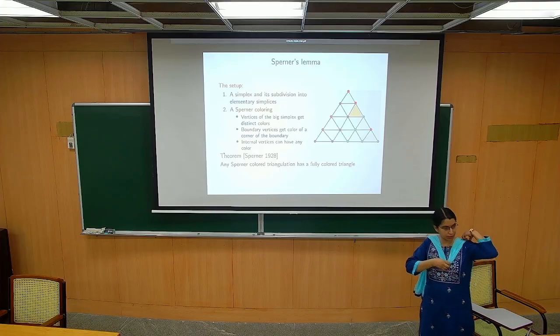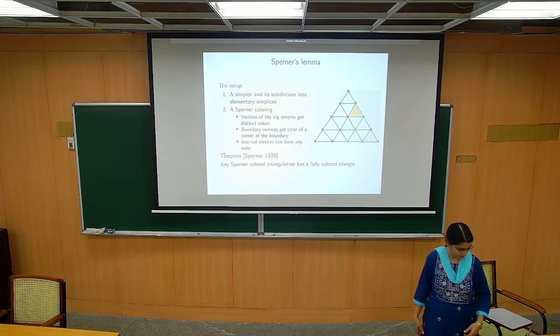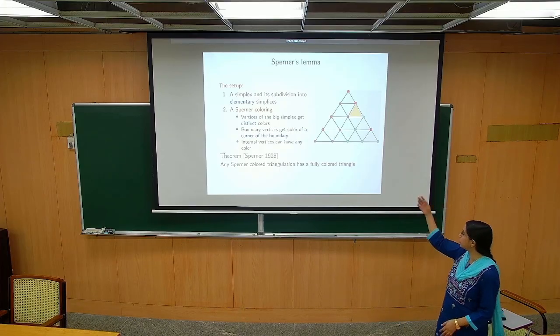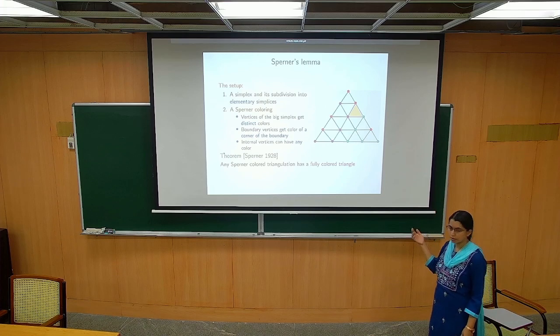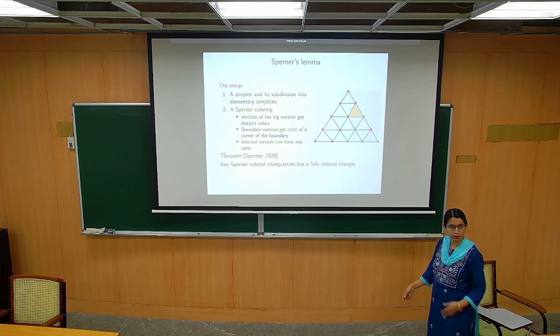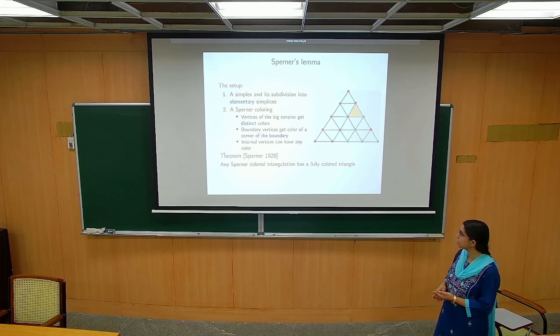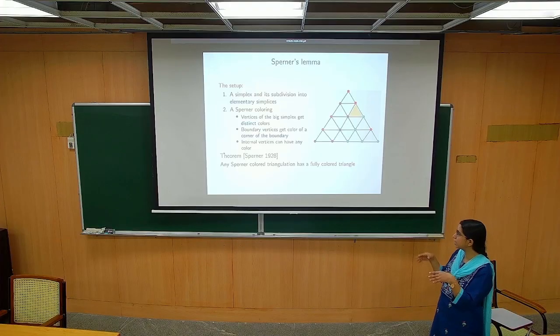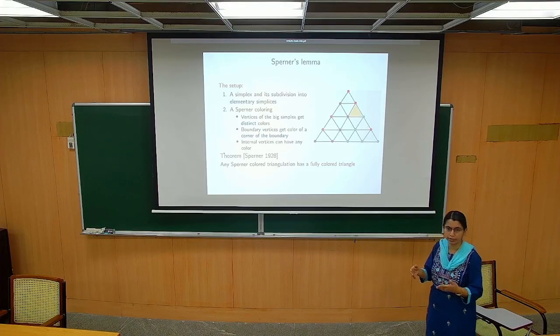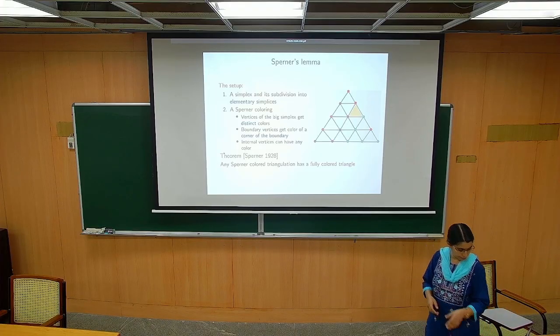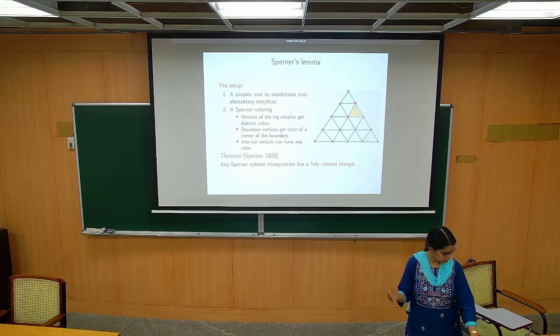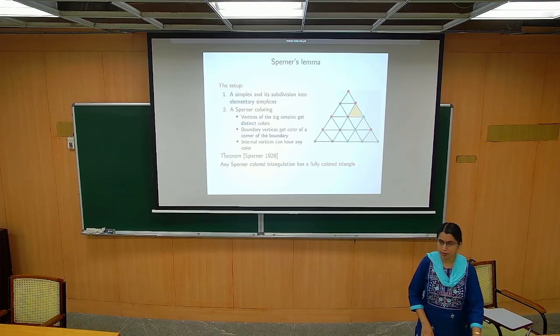Everything else you can color whatever you want. I am just doing this in 2 dimensions with a triangle, but everything holds for n dimensions. You have to take an n-dimensional simplex and subdivide it into smaller simplices. Everything works. You will use n colors if there are n corners to that simplex.